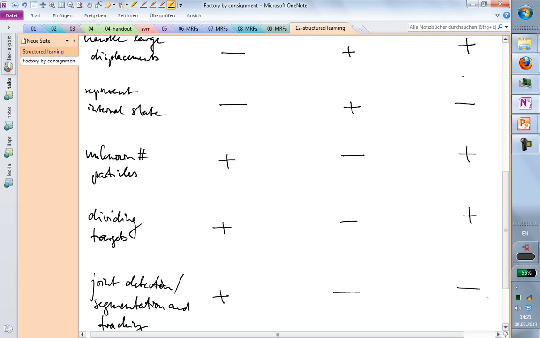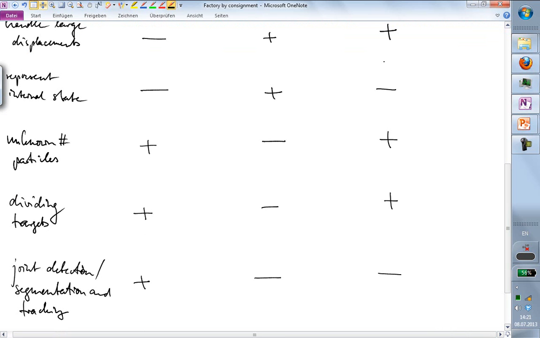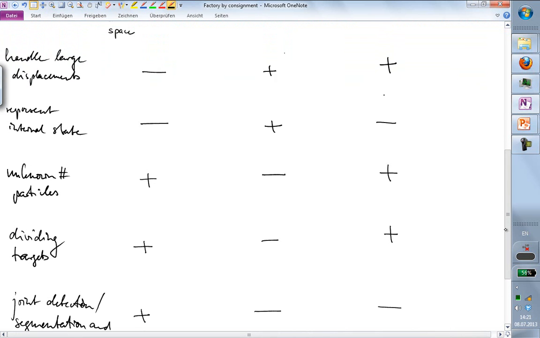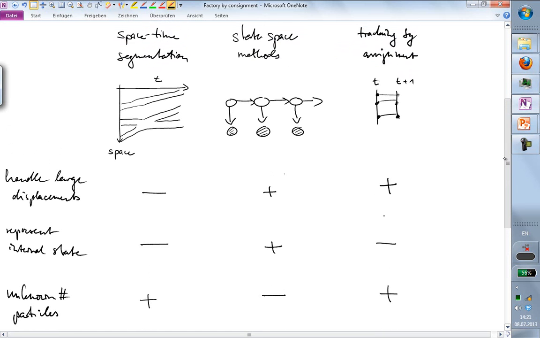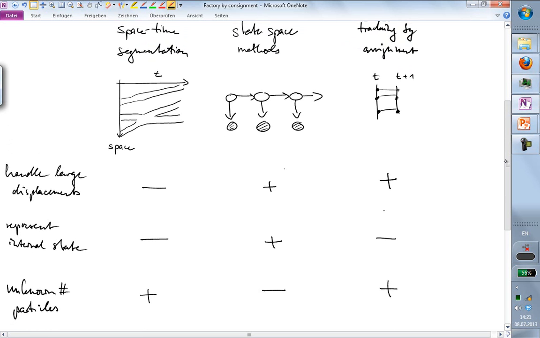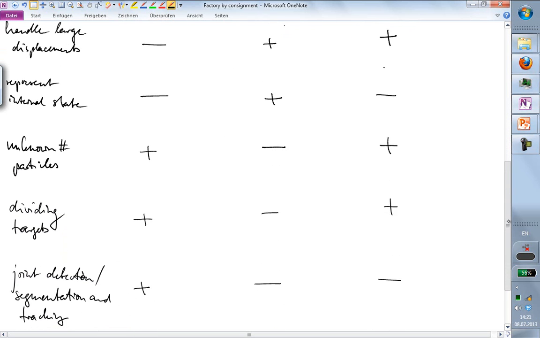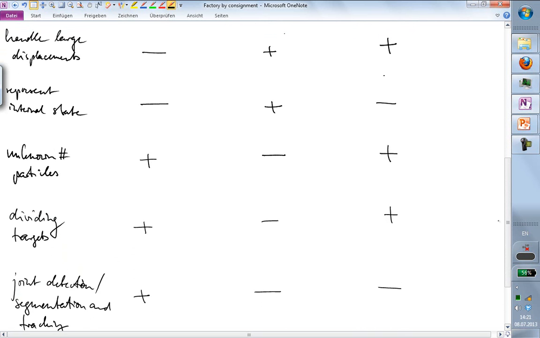Now, when I put pluses and minuses here, this is a bit of a simplification. You can always modify these methods so as to turn a minus into a tentative plus or into a real plus. But I'm talking here about the most straightforward implementations. The interesting thing about this table is that there is no single method that has all pluses. Each of these schools has its own advantages and problems.